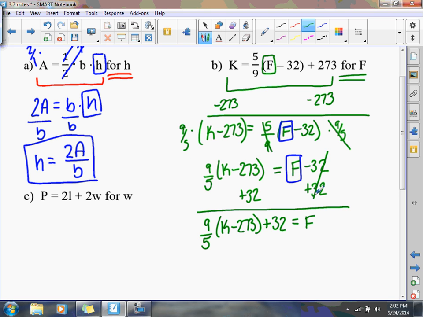Whew! There we go. I have F solved for now. So now if I am given a Kelvin temperature and I'm trying to convert it into Fahrenheit, this equation is already solved for Fahrenheit. So I would just have to plug my number in for K, subtract 273, multiply by 9/5, and add 32.